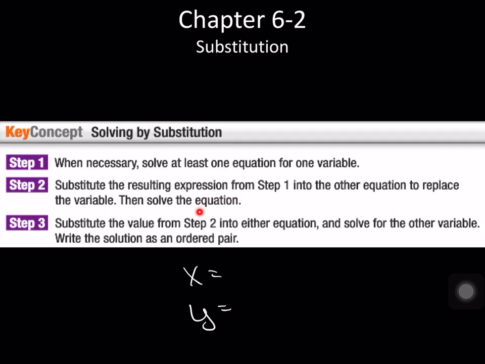Now, since we're looking for a solution, and the solution to a linear system is an ordered pair, I'm looking for an x and a y. So whichever one step 2 gives me, step 3 says that I've got to take that value, either x equals something or y equals something, and then solve for the other variable. And the final step, I need to write it as an ordered pair. So once I know what x equals and y equals, that's an ordered pair.